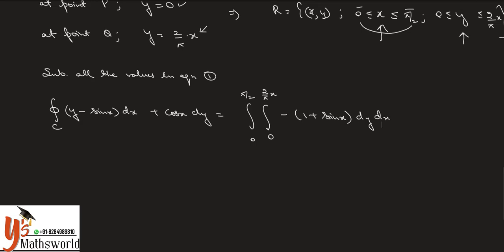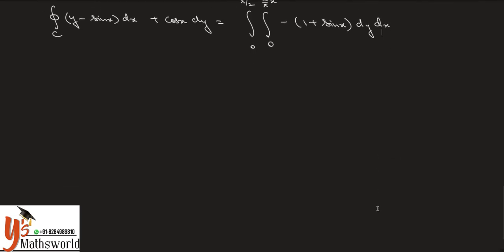So that means we are going to integrate first with respect to y, taking minus as constant outside, so 0 to pi by 2. Now 1 plus sin x is dependent upon x, so that means it is a constant, and integration of dy with respect to y will be y from 0 to 2 upon pi into x, dx.